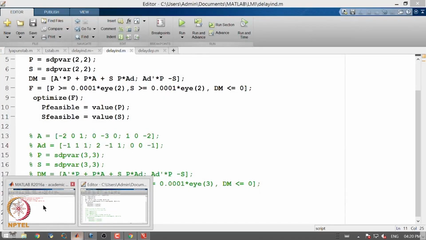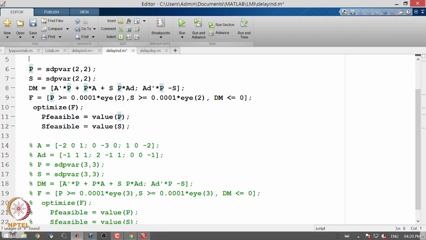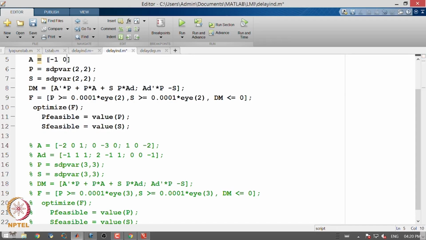Okay, I get an error. Okay, I forgot to define the A. So, my A was [-1, 0; 0, -2].